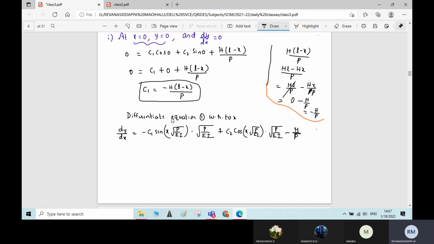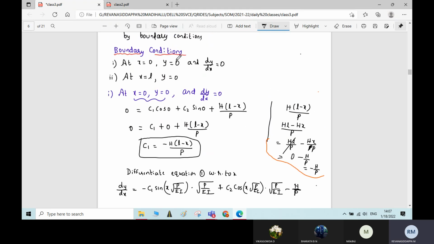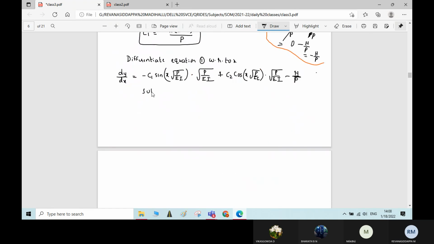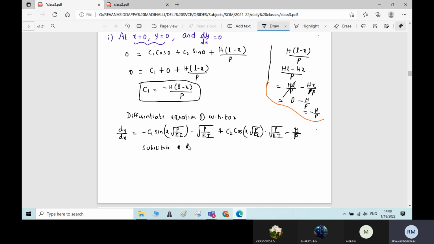Now we will utilize the second part of the first boundary condition: at x equal to 0, dy by dx equal to 0. We substitute x equal to 0 and dy by dx equal to 0 in the above equation.